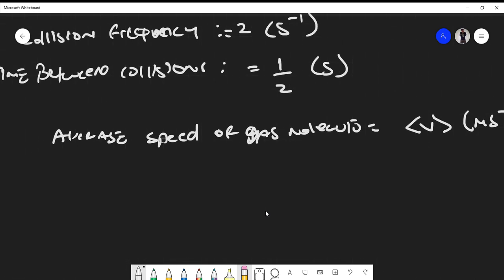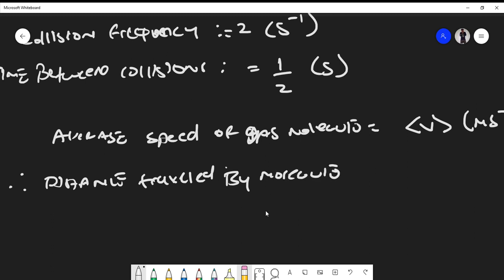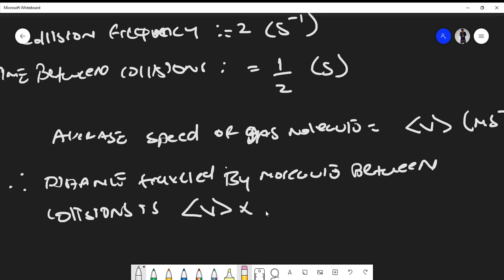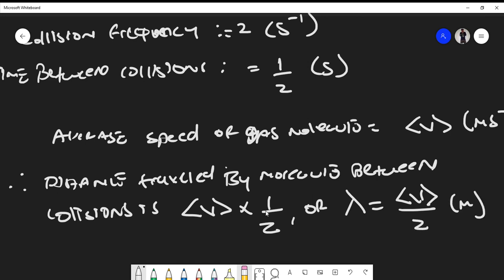And we know that the distance traveled by a molecule between collisions is V average times 1 over the collision frequency. Or in other words, lambda is equal to V average divided by Z, and the units for that are meters.